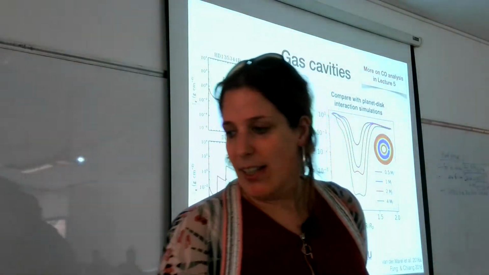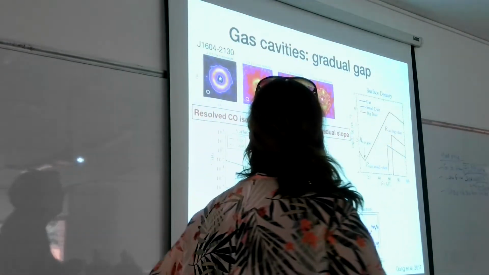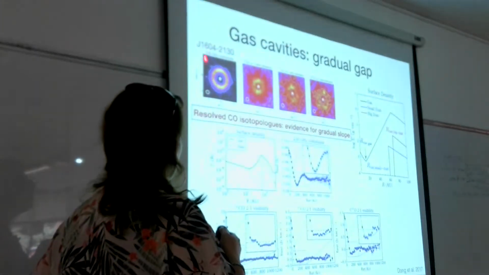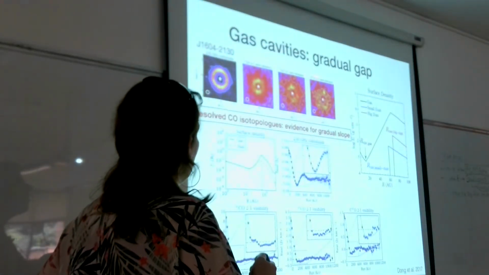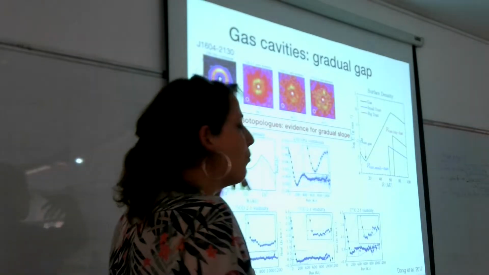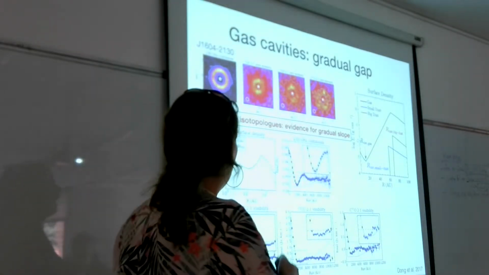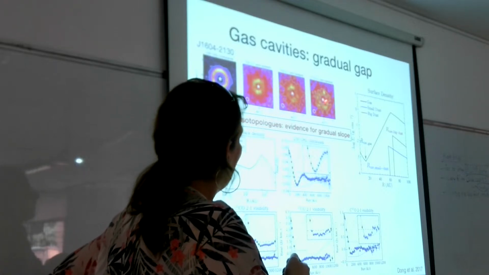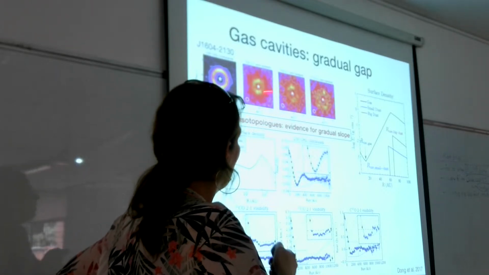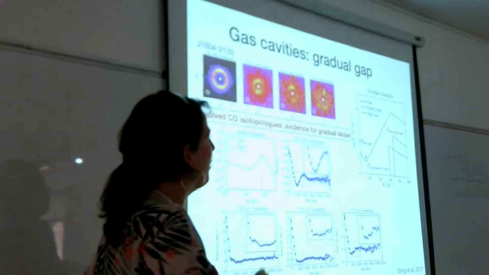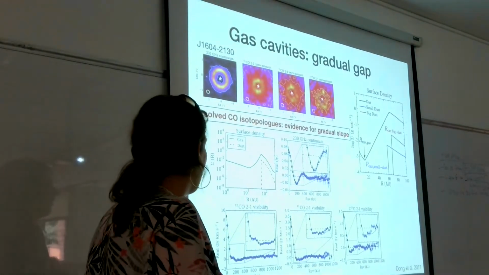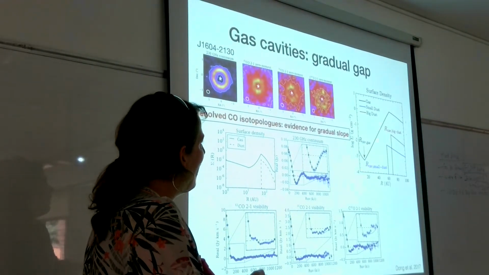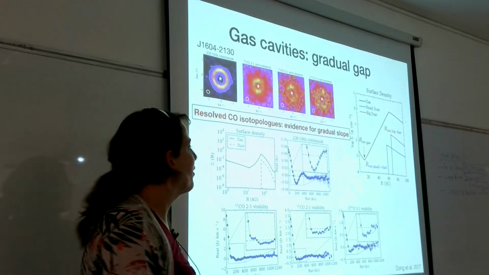In later data of another disk, we got 12CO, 13CO, and C18O. These are more and more optically thin, and the fact that the inner gap size became larger as you go to more optically thin emission means that you must have a gradual drop in the gas surface density.